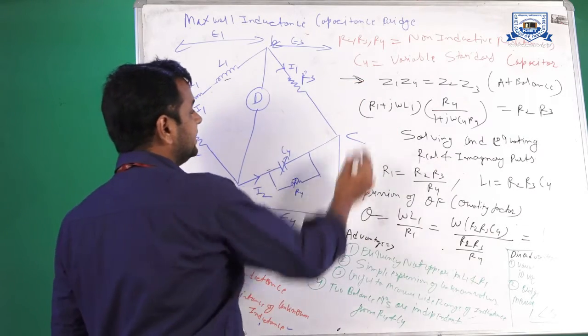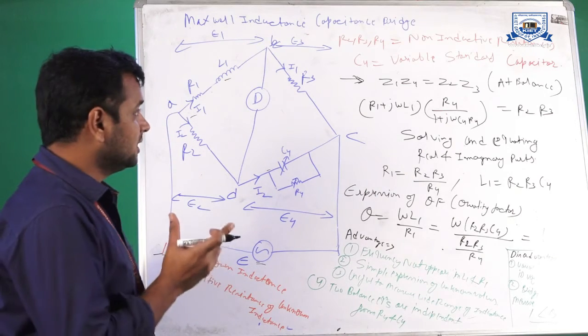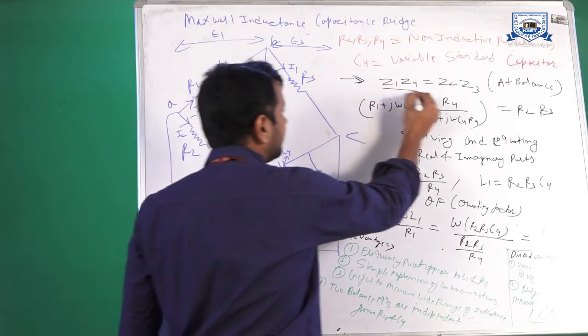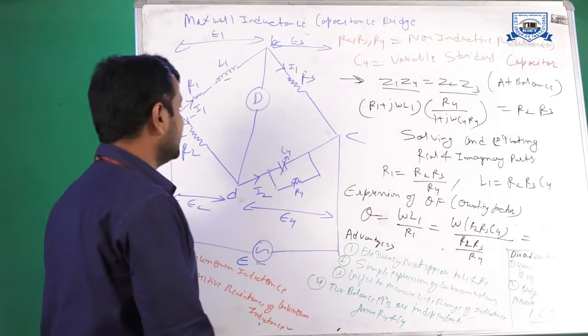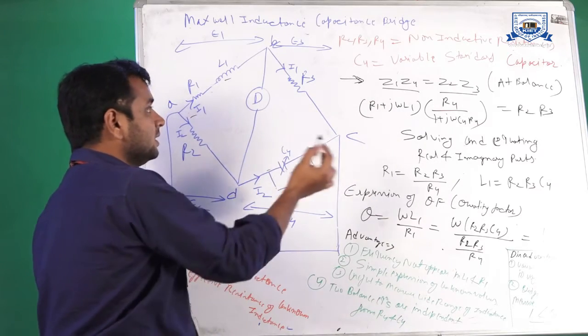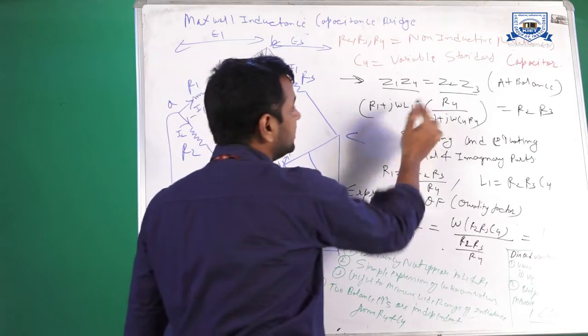Now at balance condition, the relation between the impedances that we have derived is Z1 Z4 equals Z2 Z3. By finding the impedances of each branch, we can put those values in this equation.